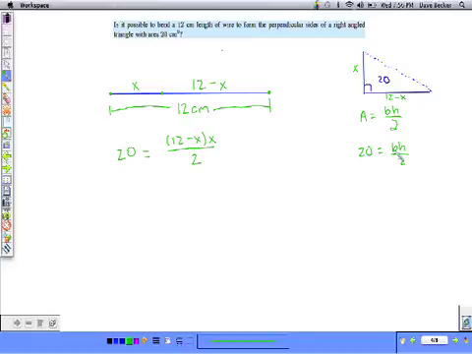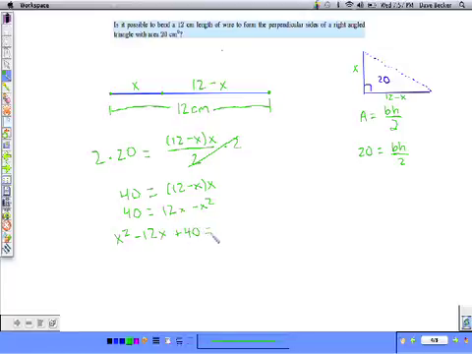So I replace the base with 12 minus x and the height with x. And if I multiply both sides by 2, I get 40 equals 12 minus x times x, or 40 equals 12x minus x squared. And I'm going to move all of these over here, set it equal to 0. So adding x squared, subtracting 12x, leaving 40 on the left side becomes 0.